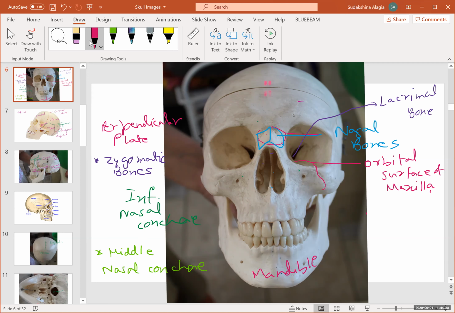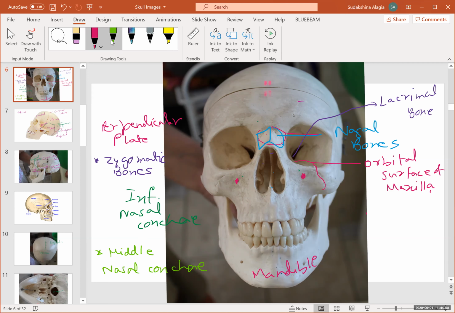Infraorbital foramen: inferior to the orbit, there is an opening. Do we see openings here? Yes, right there, right there.